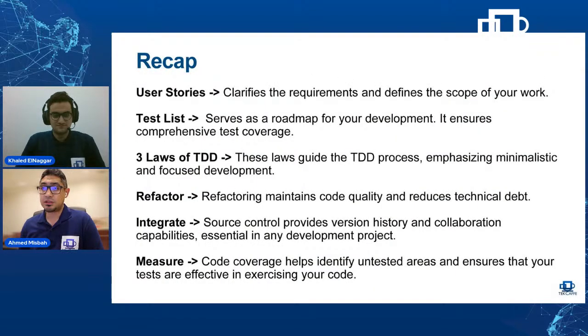So let's do a recap. So the first card we've used talked about using user stories in order to clarify requirement and define the scope of work. The second card was about test lists that serve as a roadmap for your development and ensures comprehensive test coverage. The third card was from the recommended practices category, and that explained the 3 laws of TDD.